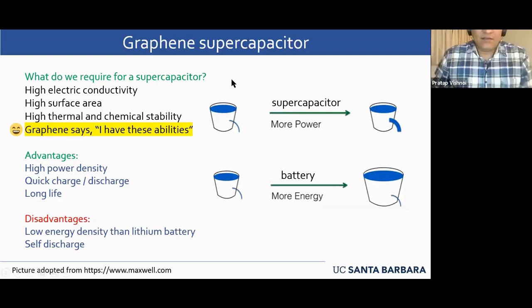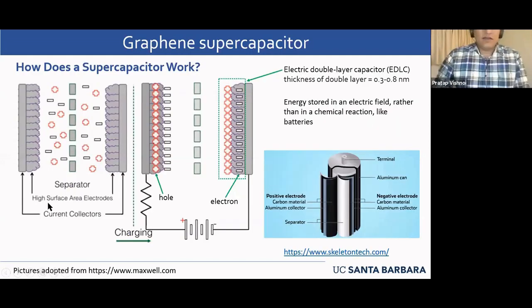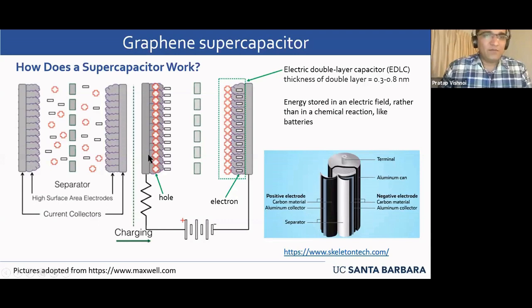Again, as I said, it's very important to understand how it works. It's pretty similar, a very cool device. What you have to do for building a supercapacitor is take two metal plates, or metal aluminum foils rather. These metal foils are also called current collectors.